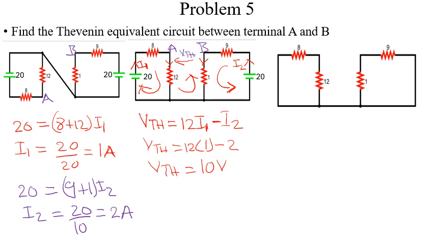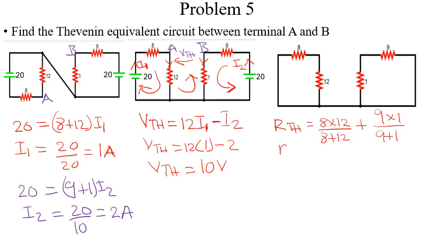So we simply calculate them and add them, since after calculating them they'll all be in series. So our RTH is equal to 8 times 12 all over 8 plus 12, plus 9 times 1 all over 9 plus 1.